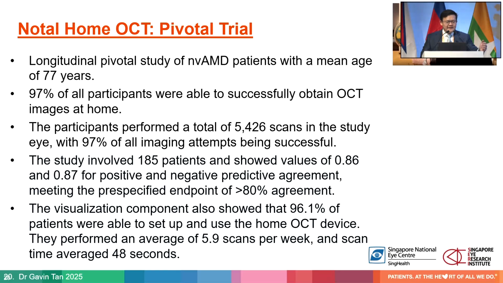In this study, they did 5,400 scans altogether, and in terms of the endpoints, there was good agreement in detecting disease, with a positive and negative predictive agreement of more than 0.8. The visualization component also showed that most patients were able to set it up at home. They performed an average of almost 6 scans per week, and the scan time averaged about 48 seconds. So 6 minutes of their lives, a very small proportion.